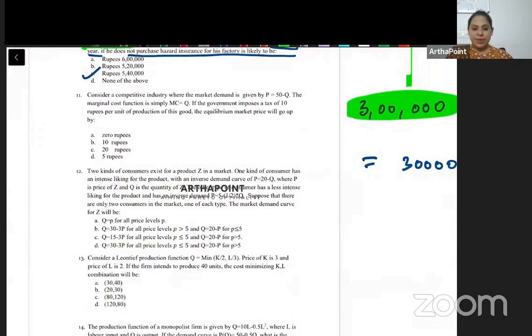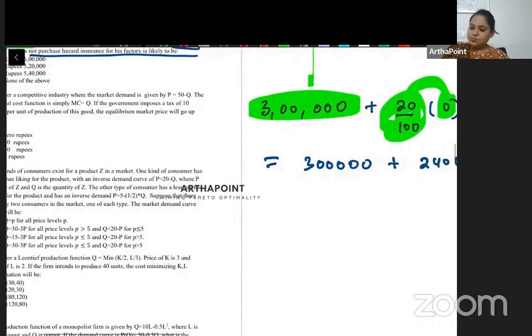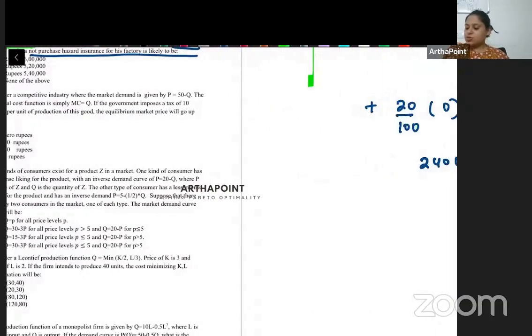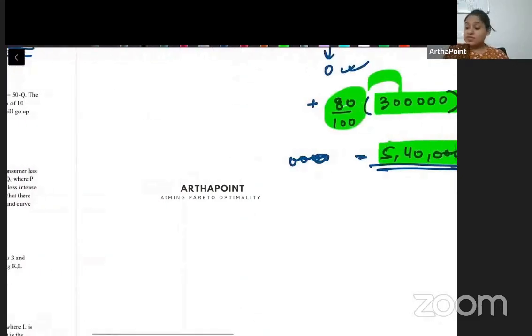Consider a competitive industry where the market demand is given by P is equal to 50 minus Q. This is a very good question. I liked it. So let's see this. Good, at least from the level of SAU.